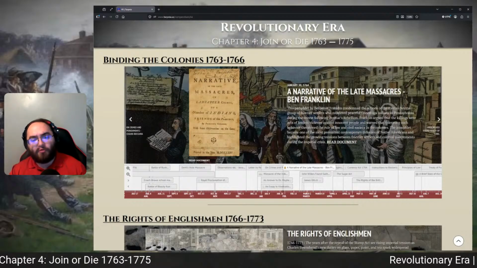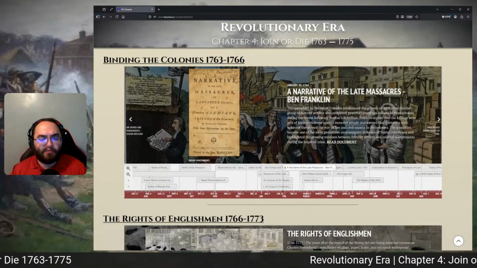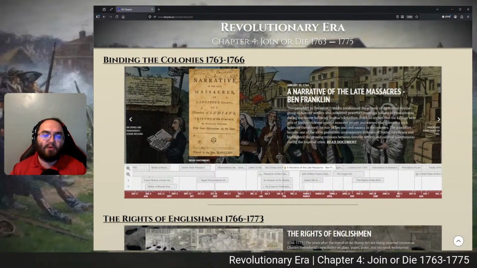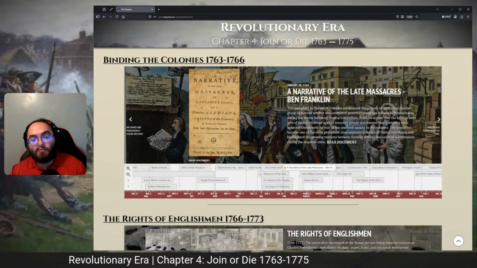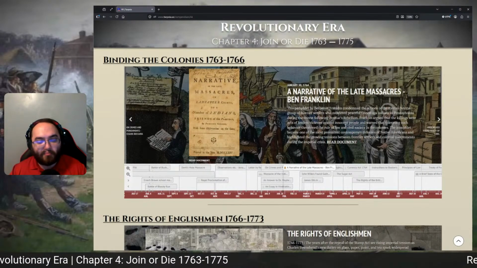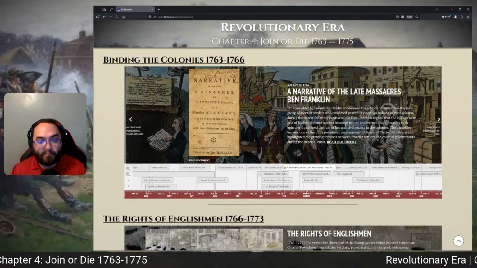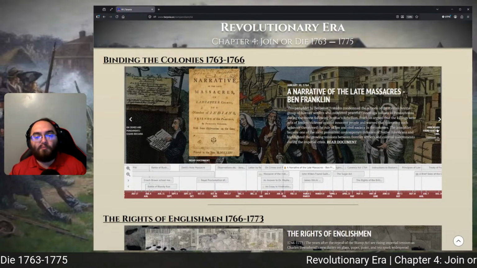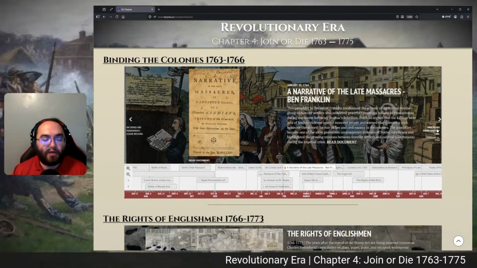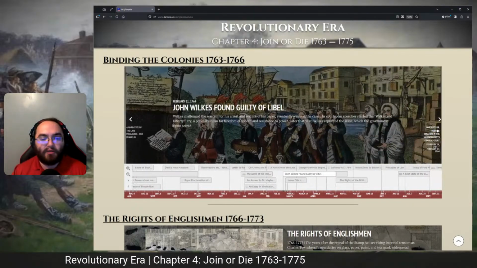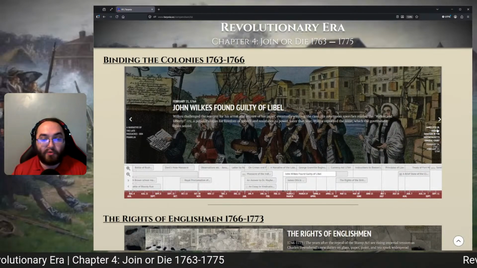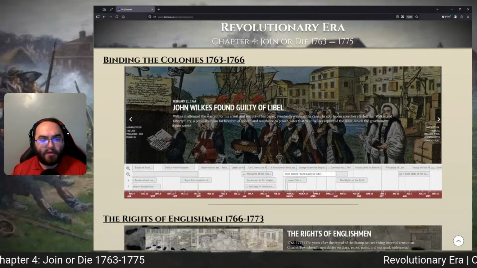Paxton Boys will follow, and then threaten to burn down the city if the Native Americans are not given to them. Benjamin Franklin will meet with the Paxton Boys and convince them to stop the violence. And so this is a primary source document of that wanton violence that was happening in Pennsylvania during Pontiac's Rebellion.